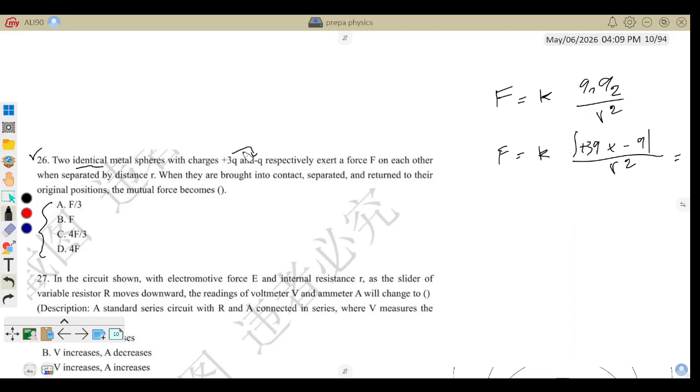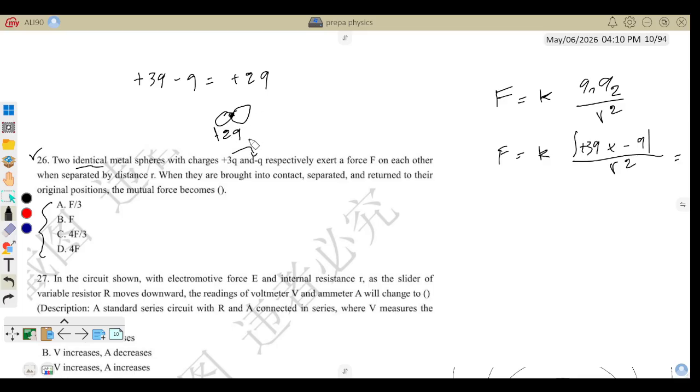That means once they are brought into contact, they will share the total charge equally. Here we have plus 3q minus q, which gives plus 2q. This is the total charge of both of them when they are touching each other.